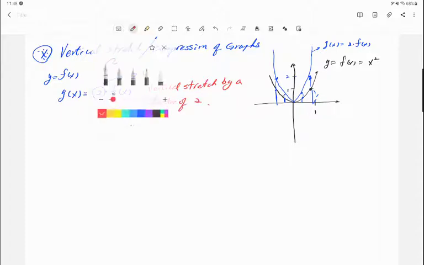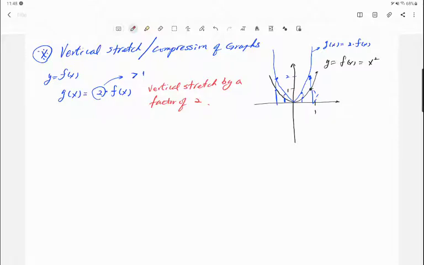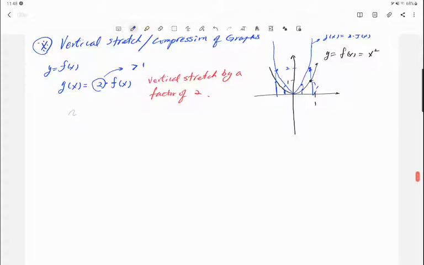What if we are using less than 1? It's between 0 and 1. So let's say h of x is equal to 1 over 2 times f of x. Then this value is less than 1, right? Let's say this is positive and less than 1.